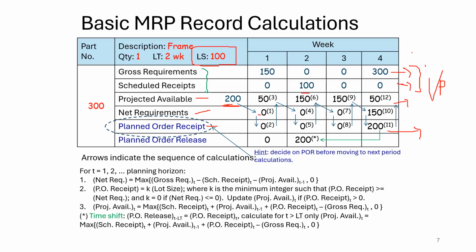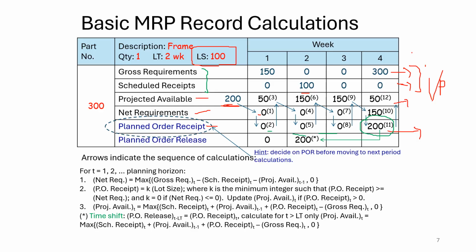And finally, the last row of this table tells us when we need to place the order to receive the planned order receipt. And if you look at it, we don't plan to receive any additional units in week 1, 2, and 3, but we plan to receive 200 additional units of product in week 4.